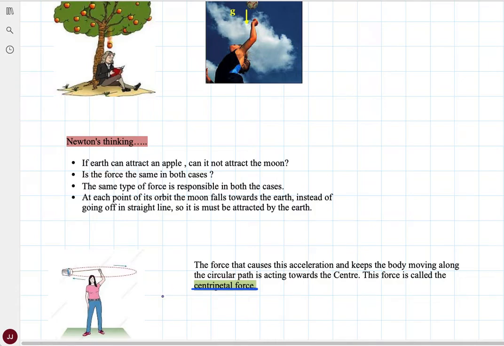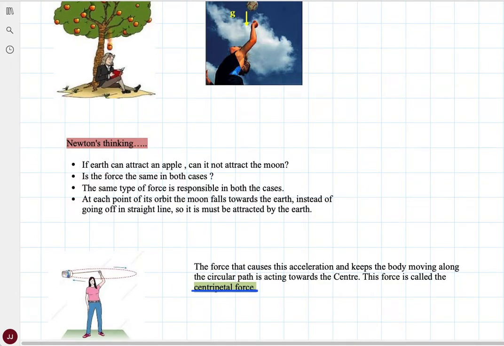Okay, let's take a simple activity. Tie a stone to a thread, and try to swing it around. When you swing it around, we are holding the other end of the thread, right? So we are providing a force to hold it.